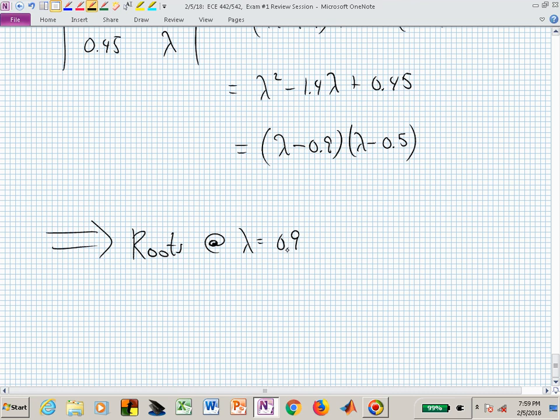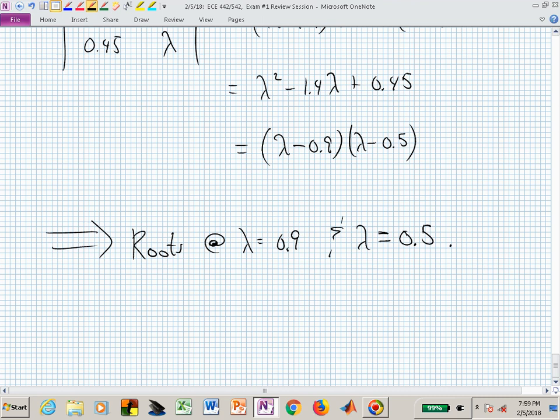We now know that we have roots at the values of lambda that cause that to vanish. One such root is lambda equal to 0.9. Another root is at 0.5. And this is how that system, that original difference equation, likes to shake. If you walked up and kicked it, one mode would do what?